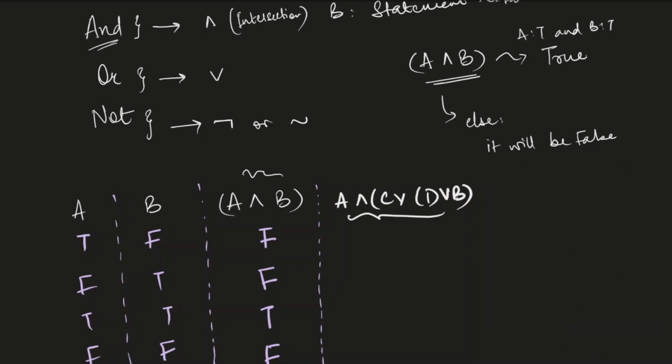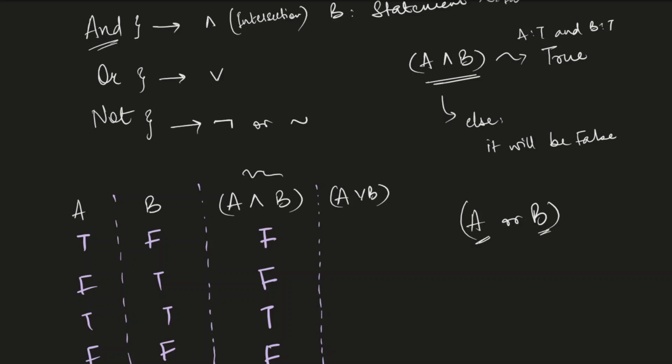What else we can do at this point is see what OR does. OR in itself is similar to AND yet very different. So if I ask you A or B, when is A or B true? Well, it says OR, right? So when either A or B is true, it's going to be true.